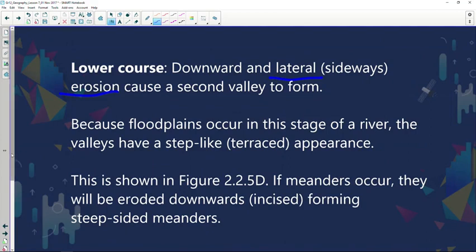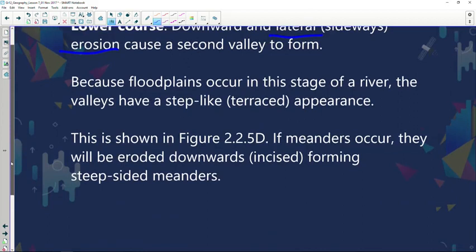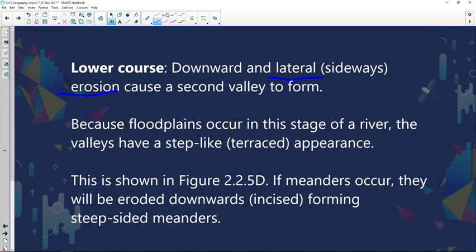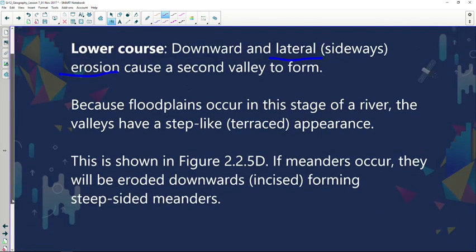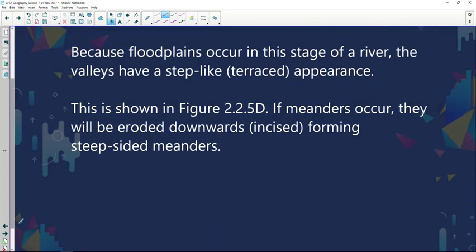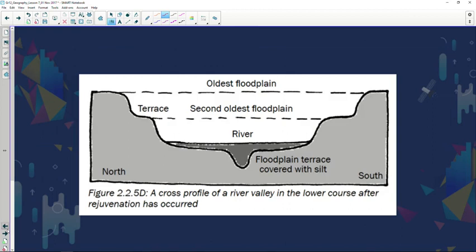Now, in the lower course, we get step terraces that are forming. Because of the floodplain that develops, if you look at the river from the side, this is the lower course. This used to be the old floodplain. It means when the river is in flood during rainy season, what happens? The water level rises.